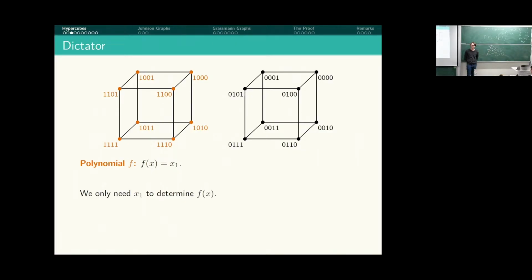So for the Grassmann graph setting, can we prove some theorem like a Friedgut-Kalai-Naor theorem? How to define the sensitivity or influence of this setting? Yeah, that is a harder question because I don't know how to define that in a good way.